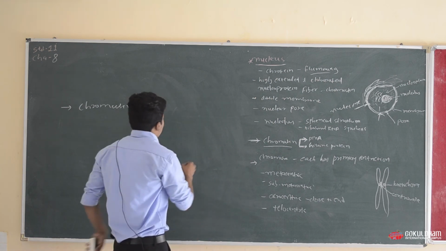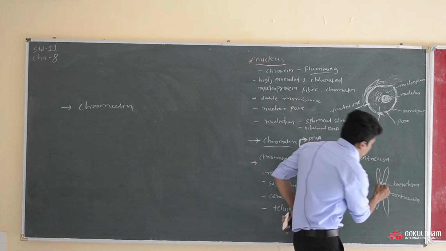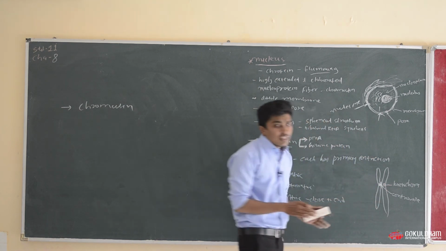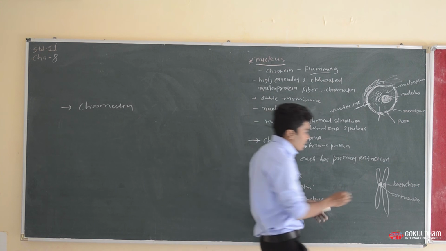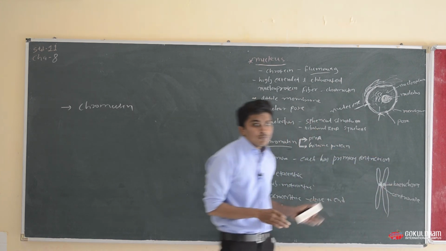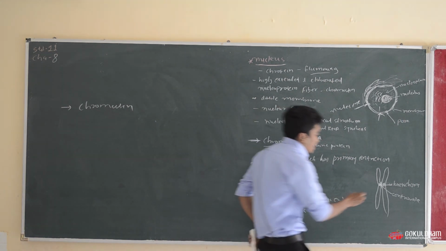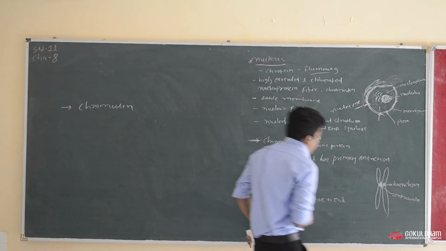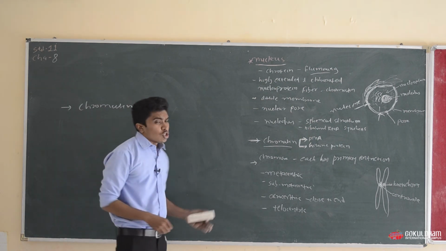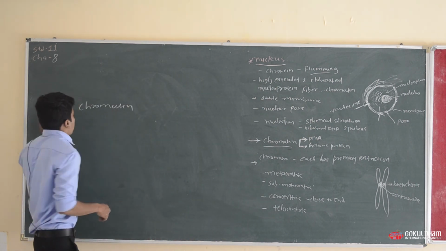This centromere has another structure near it, the kinetochore, which is present near the centromere. On the basis of the centromere, chromosomes are divided into four types.